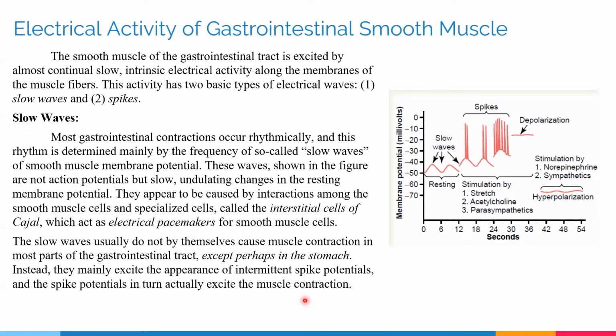Thus, the slow waves are essentially facilitating the gastrointestinal smooth muscle wall. Facilitation is something that we have just looked into in the last lecture, and I would recommend you go look at it if you are having problems recalling what facilitation really is.